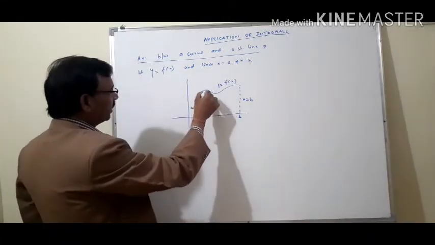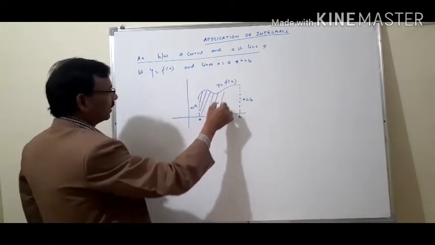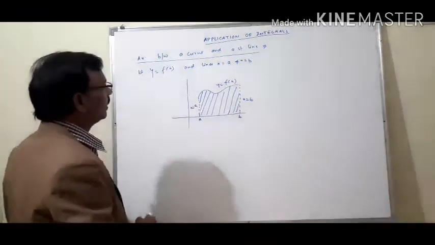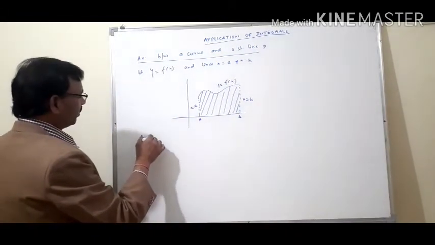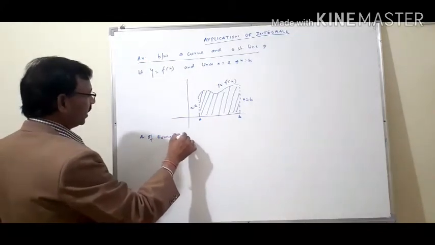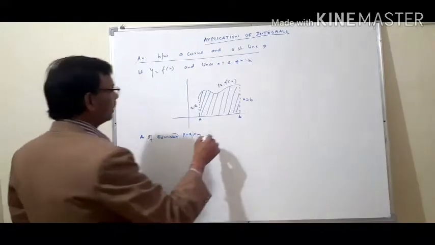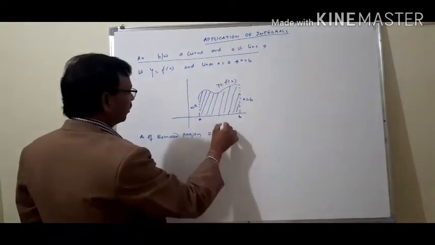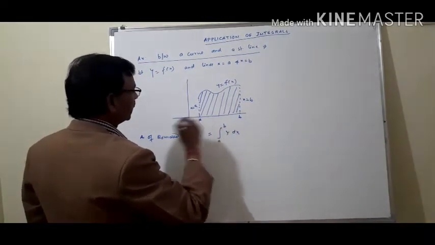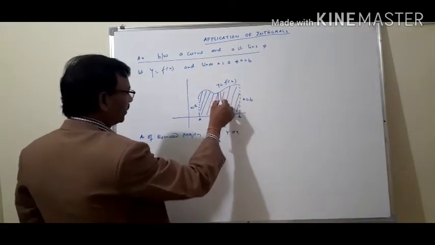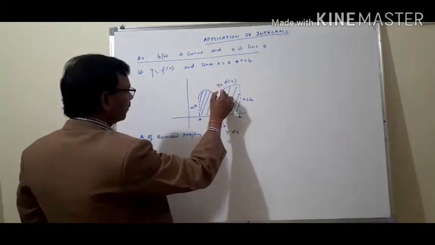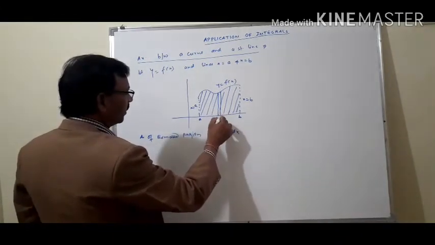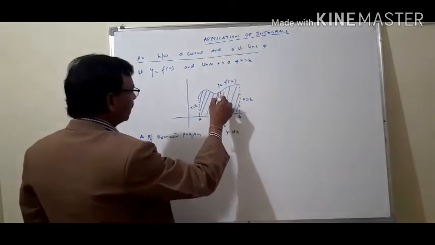Now if you find the area of this region, then the area of the bounded region is equal to the integration from a to b of y dx. That means we draw small strips along the x-axis, and suppose the width of this strip is dx and the length is y.